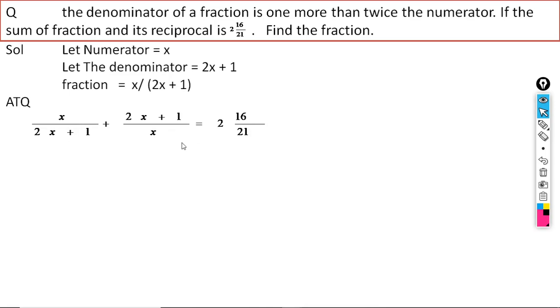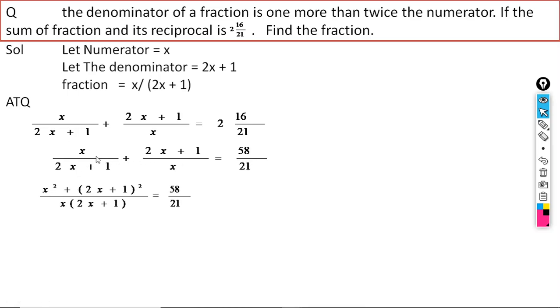Now it can be solved by substitution, or we just simplify the right hand side. It is 2 into 21 plus 16, we get 58 upon 21. Or by simply doing cross multiplication, we get x square plus 2x plus 1 whole square is 58 upon 21.